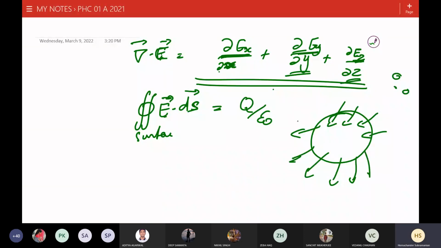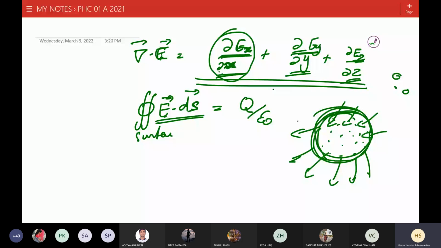If you do this integration, you will find that it is zero over this surface because it is not enclosing any charge. What that means is that if you calculate dou Ex by dou x at every point in the space and average over that, it'll be zero. The rate of change of Ex averaged over the entire space here is zero.